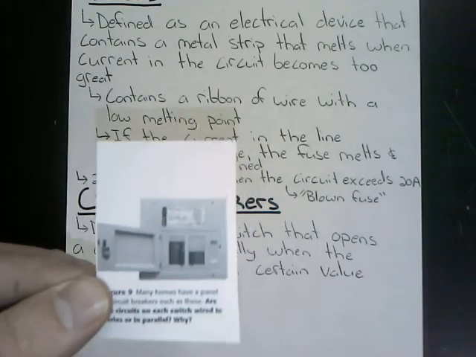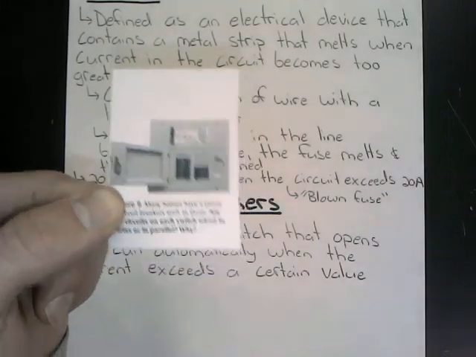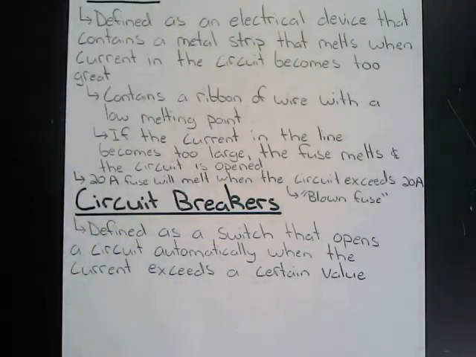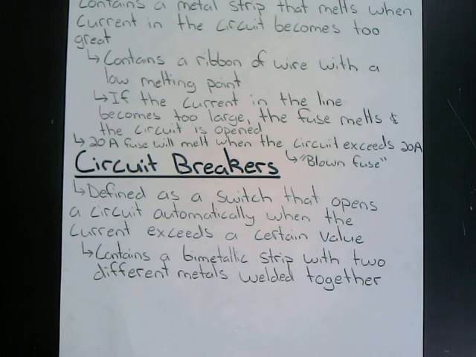And you may hear your parents refer to this as a circuit has blown, and they have to go reset this, okay? And so what a circuit breaker is going to contain is a metallic strip with two different metals welded together. Now, these bimetallic strips respond to current overload by opening the circuit.